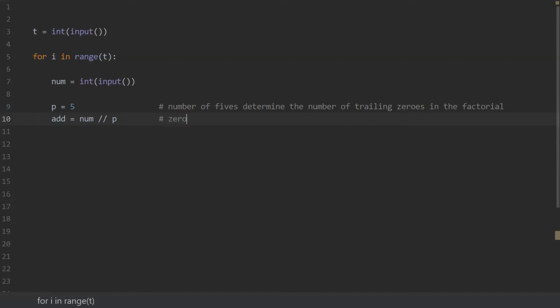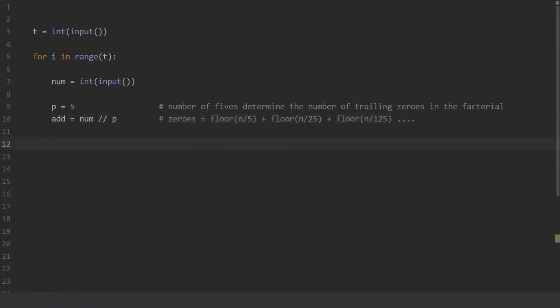So the number of zeros is equal to floor of n by 5 plus floor of n by 25 plus floor of n by 125 and so on.